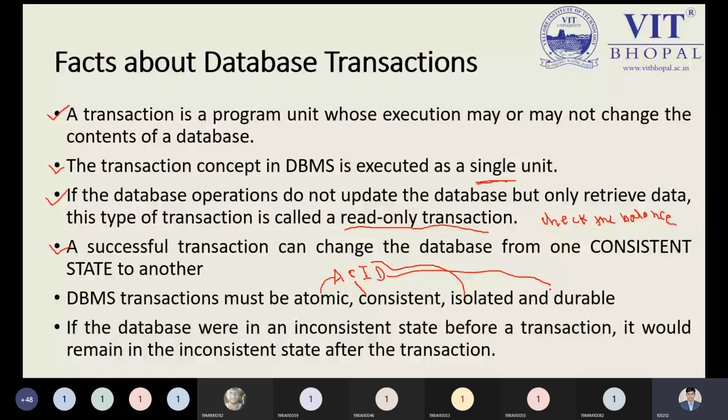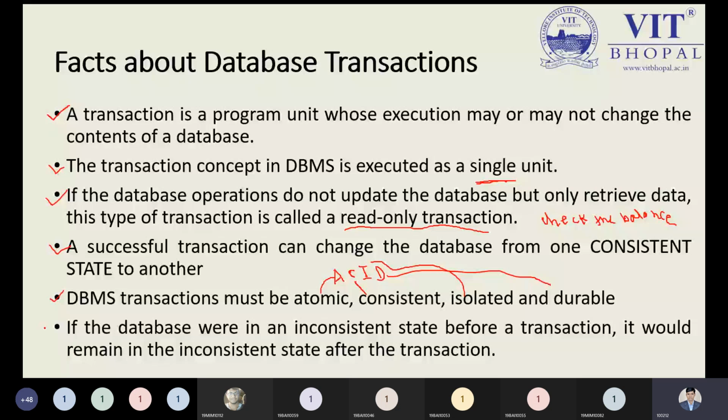Before doing anything, let us clear the ACID properties in more detail. But before jumping to that part, let me give the last fact that we need to keep in mind while doing any operation on the transaction.